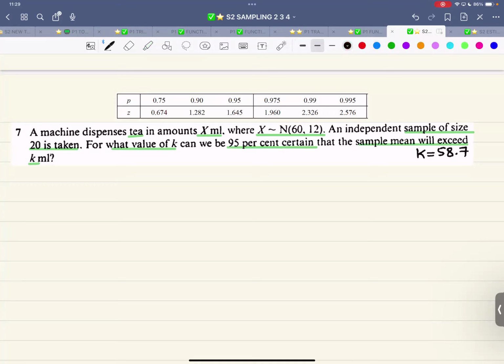Now, the first thing that needs to be done, x follows a normal distribution 60, 12. Let's put an x bar over here because it's a sample mean question. The sample size is 20, so this 12 is divided by 20. The second thing that needs to be done is to translate this statement, which is sample mean will exceed.